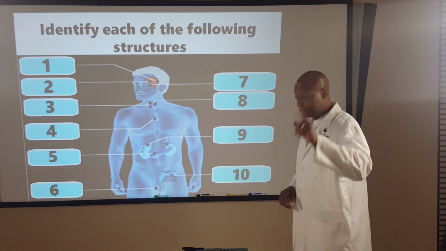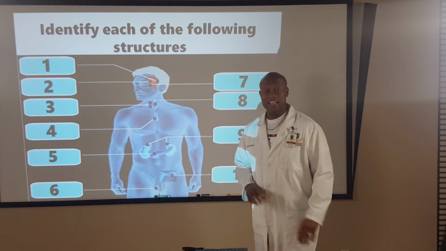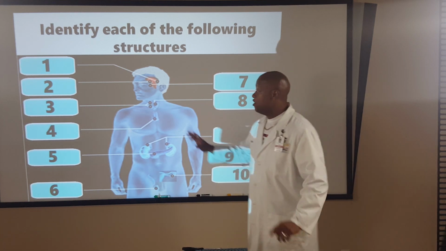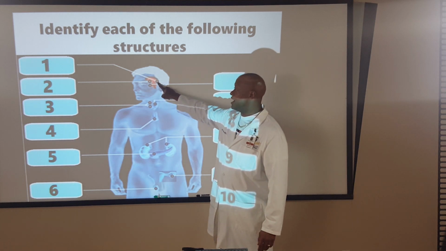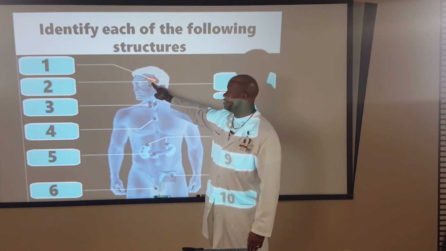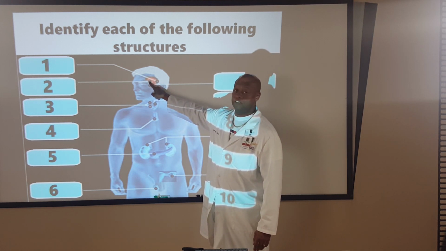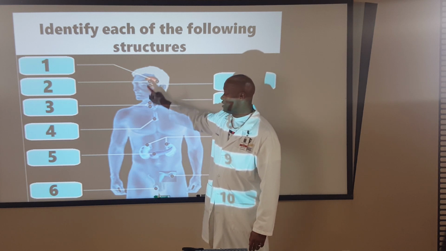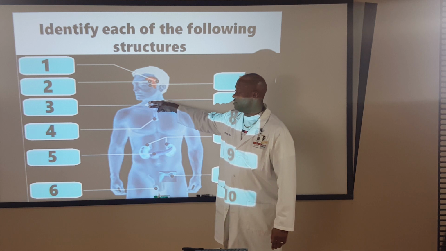Just to emphasize, in case it's a little difficult to see, 1 is pointing to the posterior of this person's head. 2 is pointing in front of that structure, towards the front, but in a superior position. 3 comes down to here.